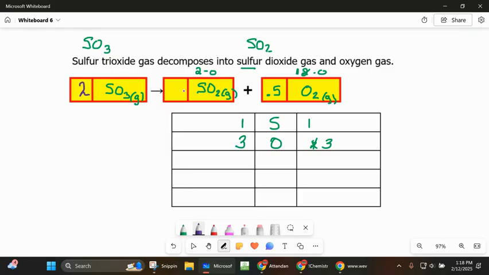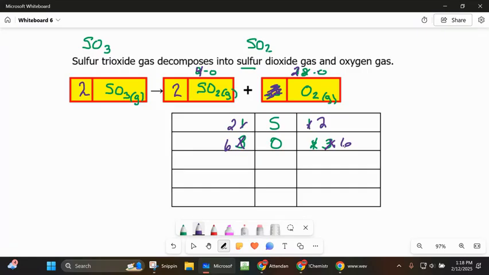What goes in front of the SO2? And what happens to the 1/2? Becomes a 1. So I don't need to write anything there. Everything stays balanced. This does now become 2. This does now become 6. This over here becomes 2. Here you've got 4. And now you're back to 2 oxygens over here. There's your 6.